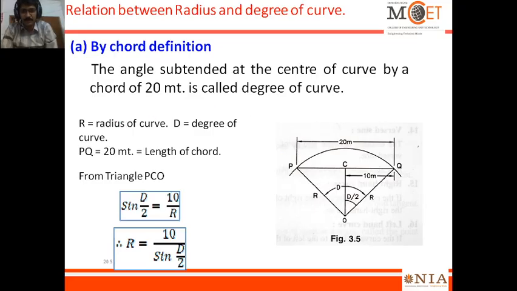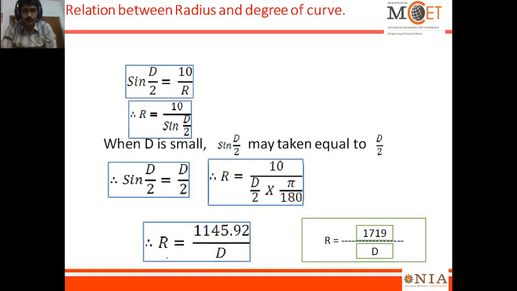Here R is the radius of the curve, D is the degree of the curve. Let's say PQ is 20 meter, or you can have 30 meter also; that is the length of the chord. The half is 10 meter, so sine D by 2, or delta by 2, is equal to 10 by R. If it is 30 meter, 15 by R. Therefore the radius of the curve R is equal to 10 by sine delta by 2.